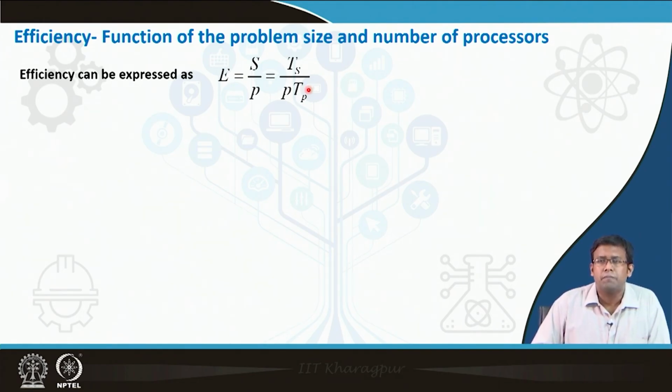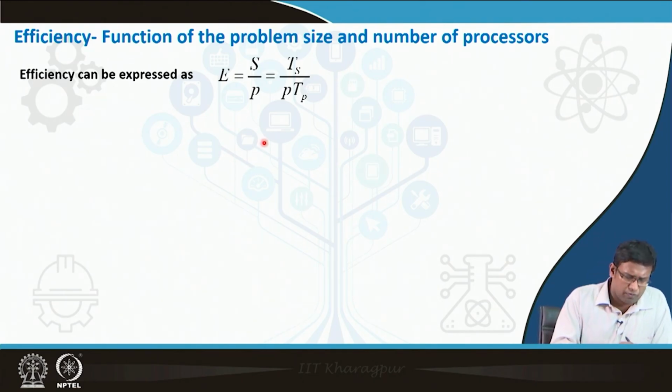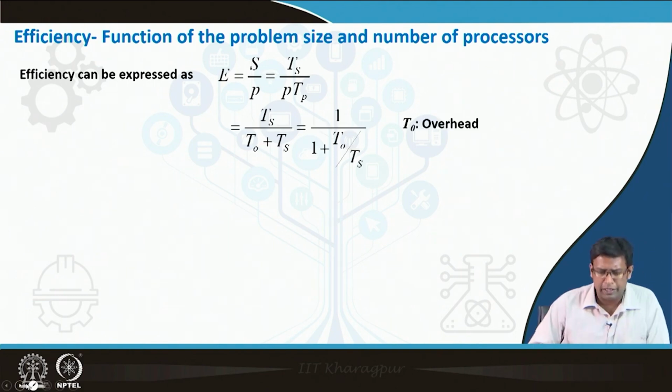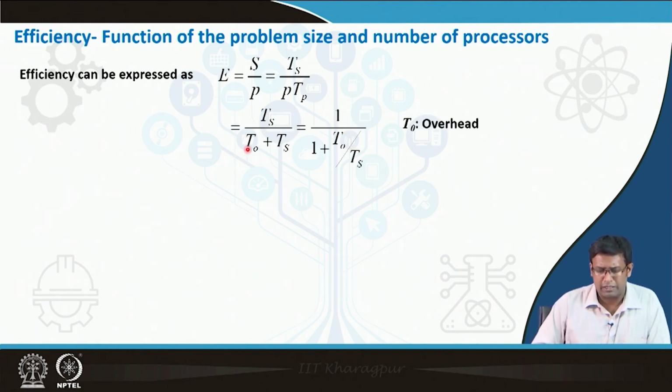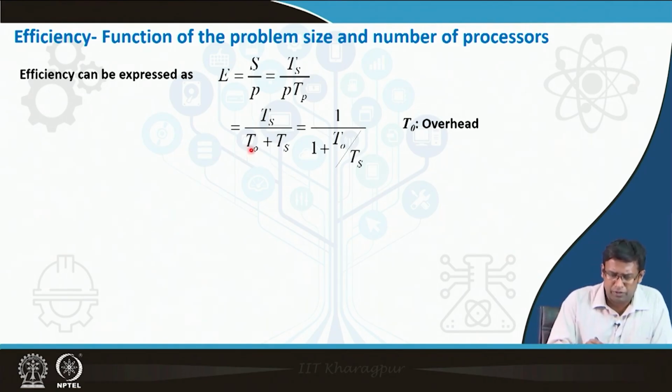P Tp is the sum of the sequential computing time and the computational overhead. So, we write P Tp is equal to T0 plus Ts, which is overhead plus the sequential computing time.